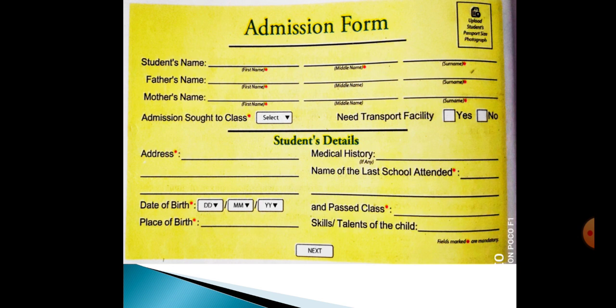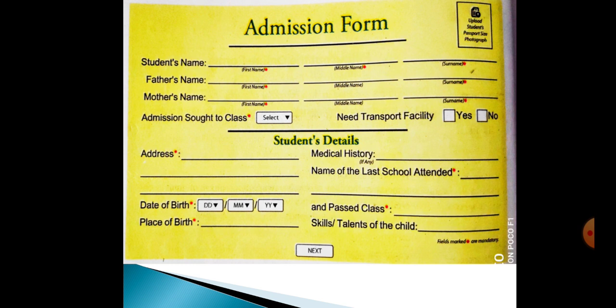Next, name of the last school attended. Here you fill in the last school name that you studied in. Next, date of birth. Here you also select your date, month and year.